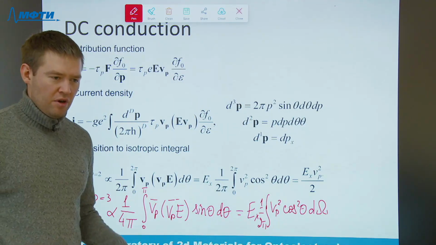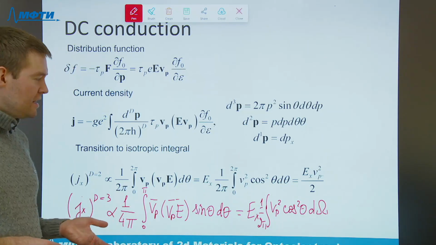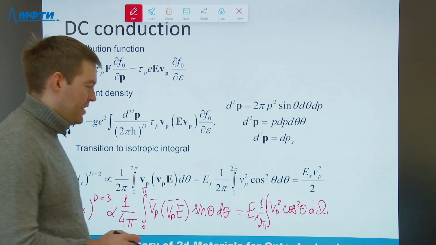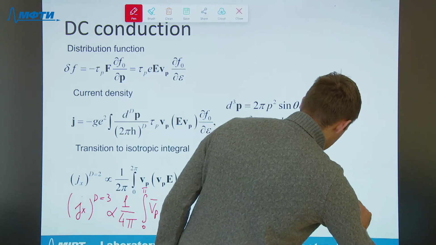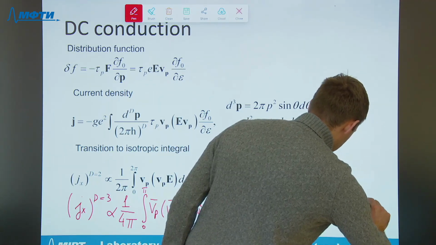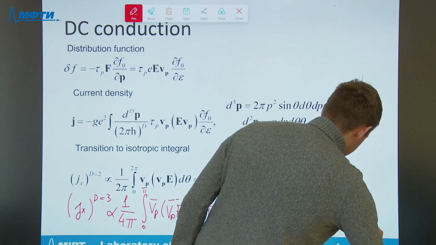And this average is also computed very easily, and it equals 1/3. So it would give us the electric field multiplied by velocity squared divided by 3.